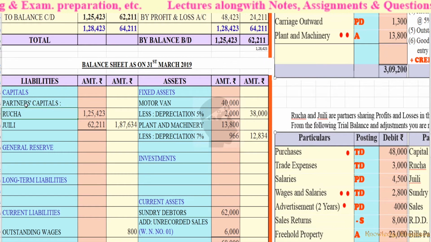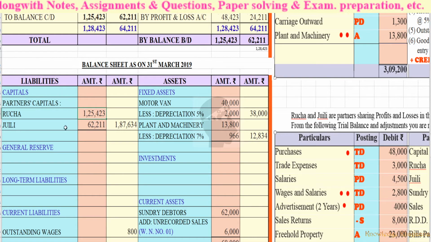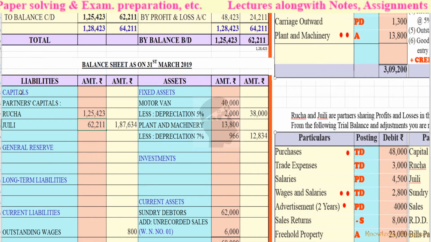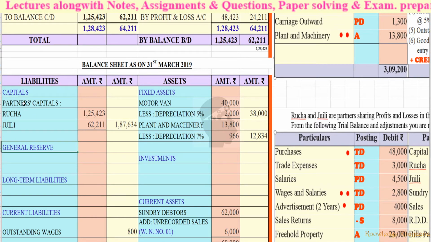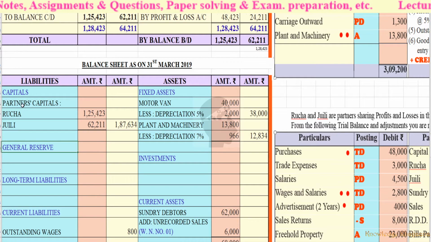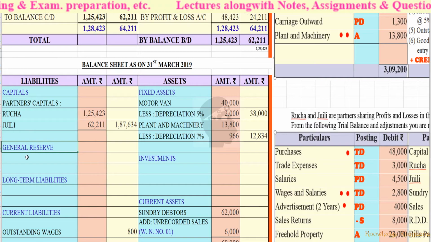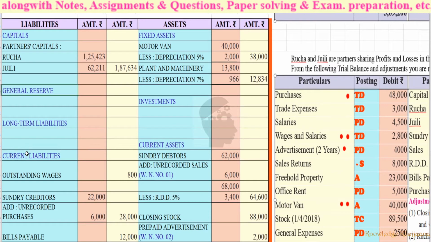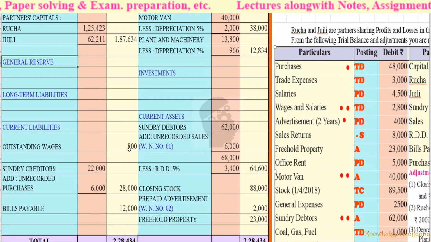Rucha 1,25,423. Julie 62,211. Okay. See, these are the headings or categories under which we have to write the items of the respective category. So capital was there. We didn't have general reserve. We didn't have long-term liabilities. Okay, we had some current liabilities, and let's check whether we have taken all these things to the outer side.